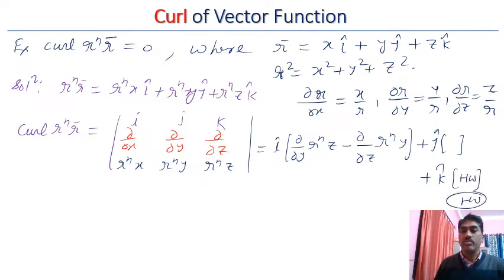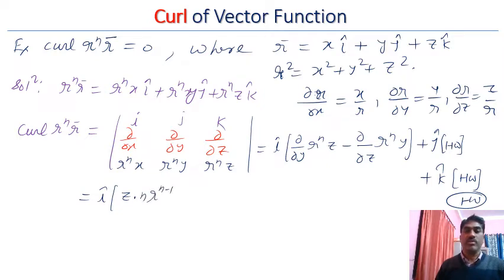So this you will derive on the similar pattern I derived the first term. So this i, and y will not differentiate z, so this is z times n r^(n-1).